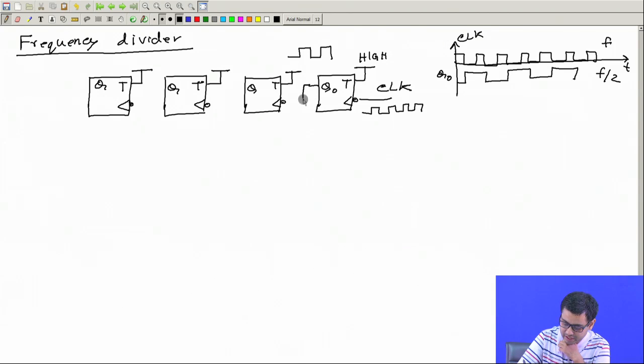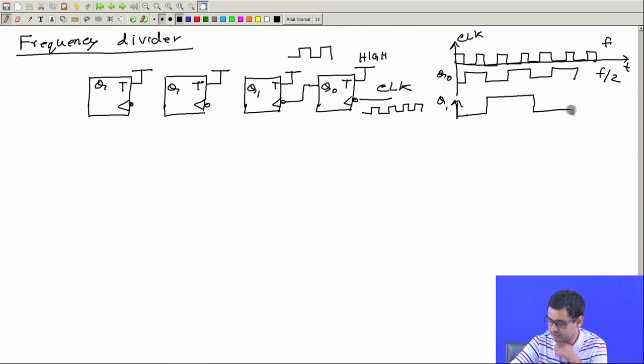And then we connected this here. So this Q can drive this flip flop, call it Q1. Q1 will therefore change its value every time Q0 goes from positive to negative, like here. So this is Q1. Every falling edge of Q0 changes Q1.